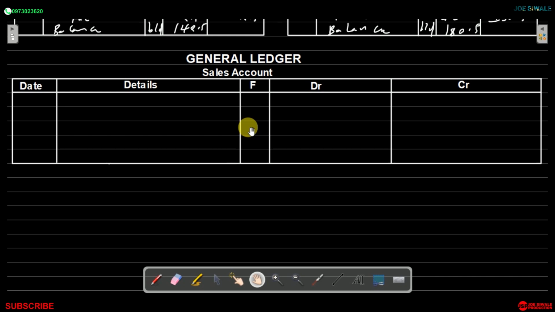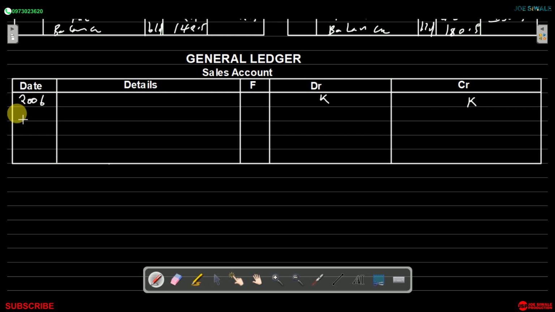That means that when we write down the sales account in the general ledger, in our details column we are going to say total credit sales, and that amount is going to be placed on the credit side of the sales account. So to answer that question, the year there is 2006, and we're going to put our kwacha there, and that appeared on the 28th of February in the sales daybook.